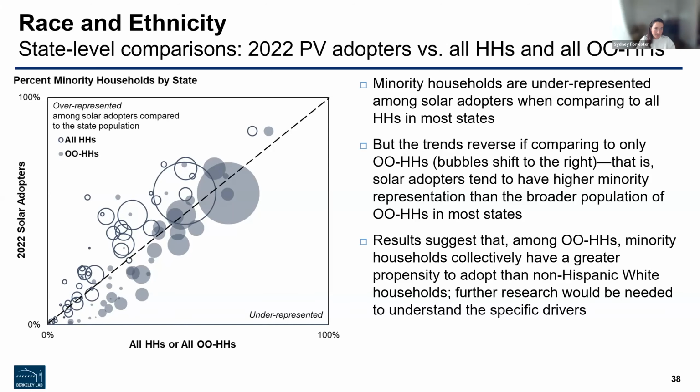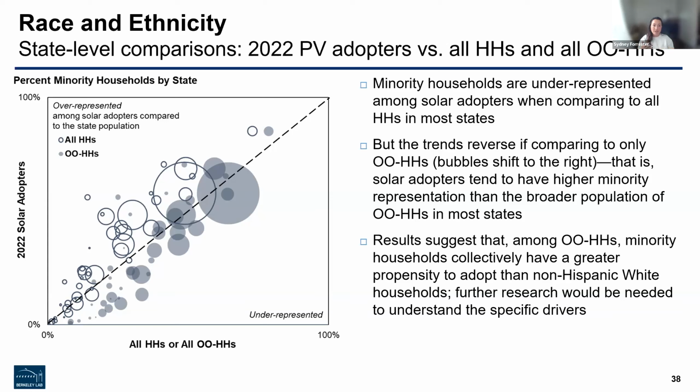Here we have, I'll note that the labels on the bubbles are switched, so we're fixing that. But the story is kind of interesting here because before, when we looked at income, when we considered owner occupancy and not, we saw a shift in magnitude, but the directionality was the same.